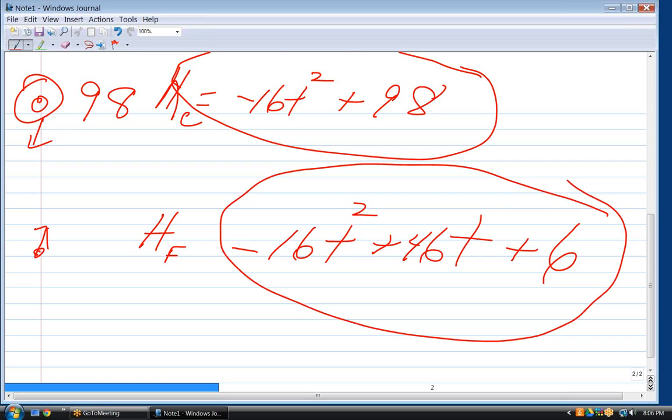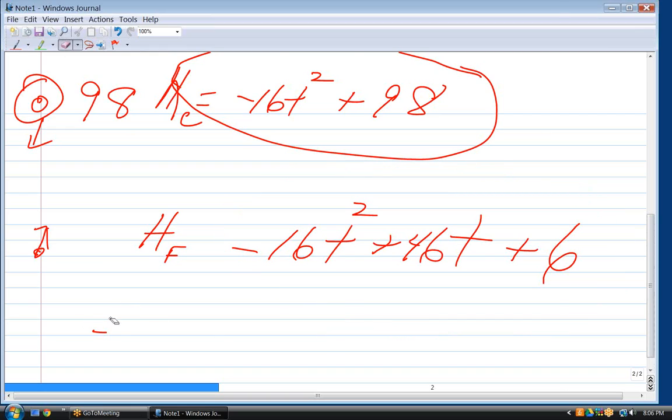So let's do that. What is the top polynomial minus the bottom polynomial? Well, if you're going to subtract the two, that changes the signs on the second one, right? Yeah. In other words, let's write it out how we want to do it here. So I'll write it out like this.